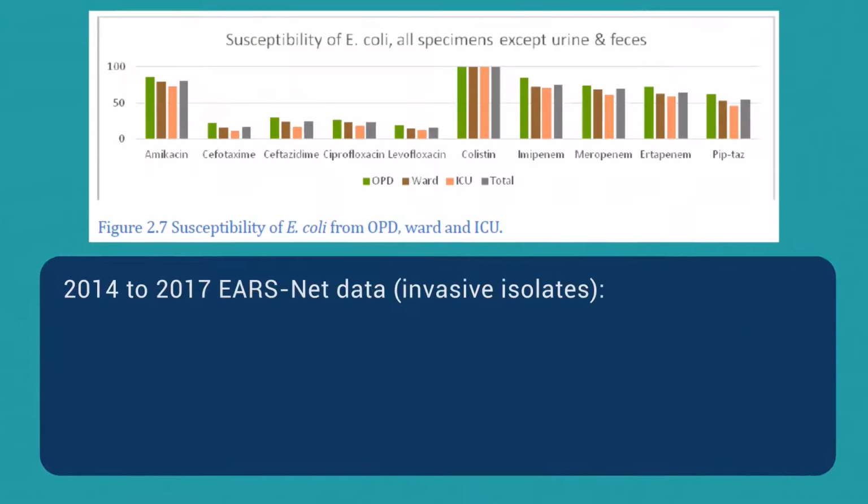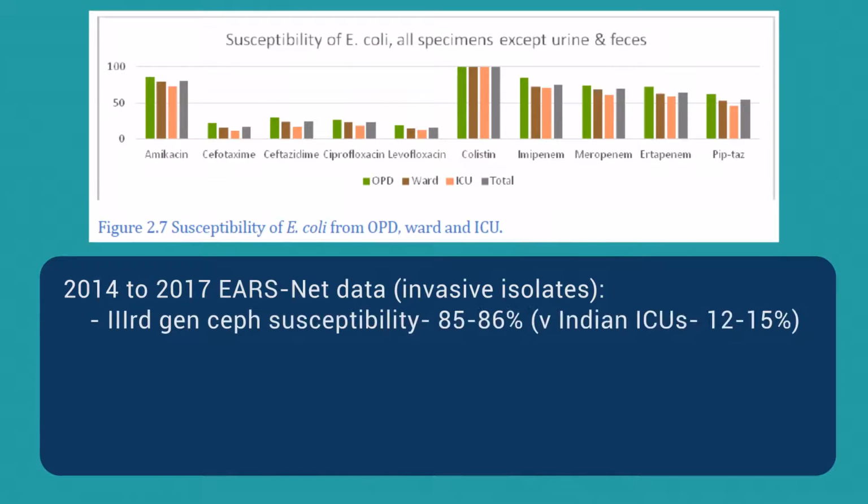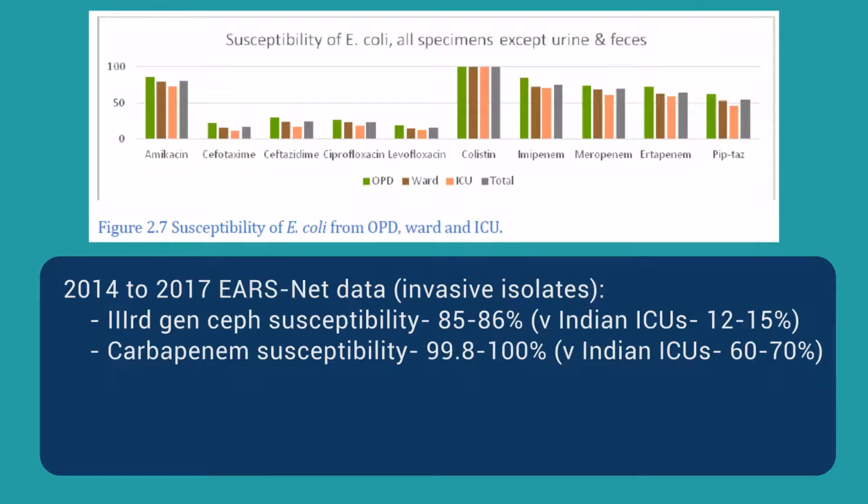and US nations. For example, this is the susceptibility of E. coli from all specimens from the Indian network. If you look at the third generation cephalosporin susceptibility here, the cefotaxime and ceftazidime susceptibility is quite low, around 30%. And that of the carbapenems like imipenem and meropenem, the susceptibility is still quite okay, around 70 to 80%.